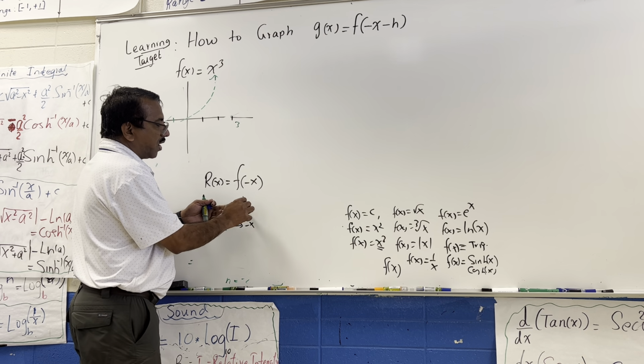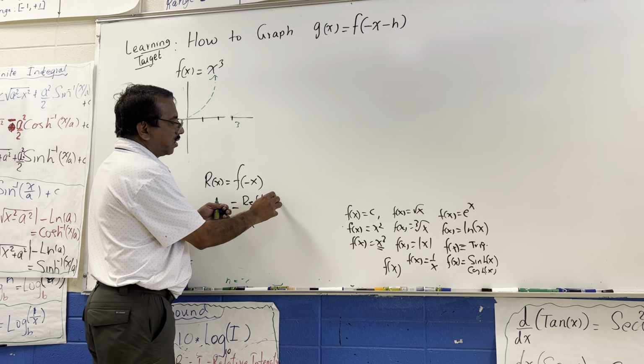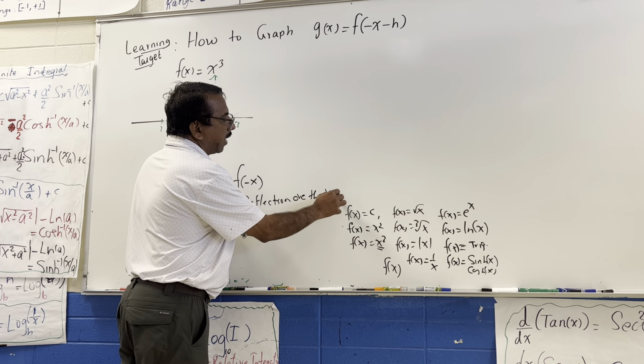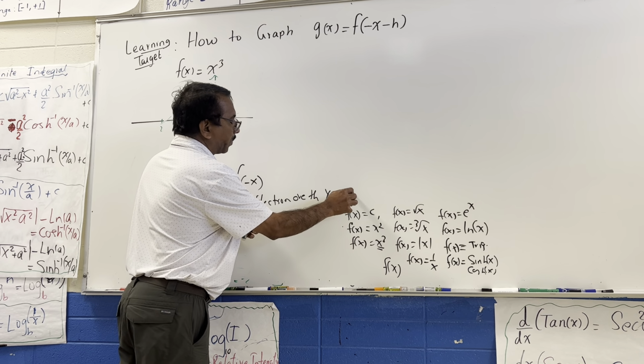So this is a reflection over the y-axis. That means you are replacing x by minus x. If this is the graph, then the reflection over the y-axis will be this one, correct? So this is how it works.